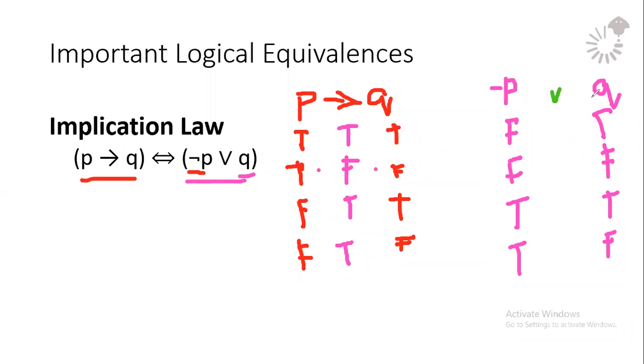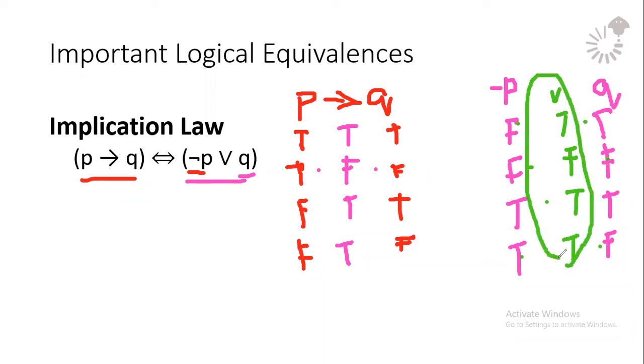Negative P or Q. False or true is true. False or false is false. True or true is true. True or false is true. So this one, true, false, true, true is equivalent to true, false, true, true. So these two statements are equivalent. Follow? Correct? Yes, ma'am. Okay, next.